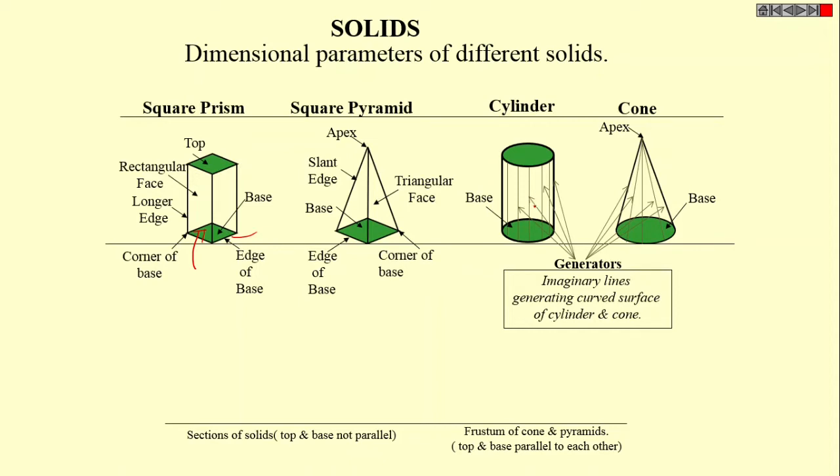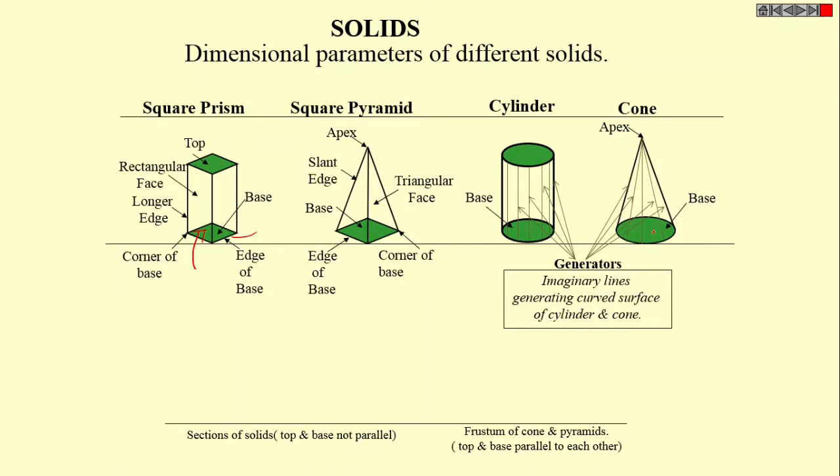And in the case of a cone, again, the cone comes under the category of group B, where instead of a top face, there is a single point, and that point is known as the apex.